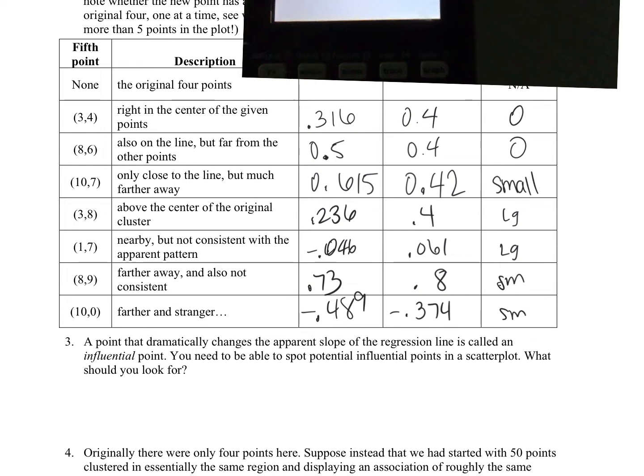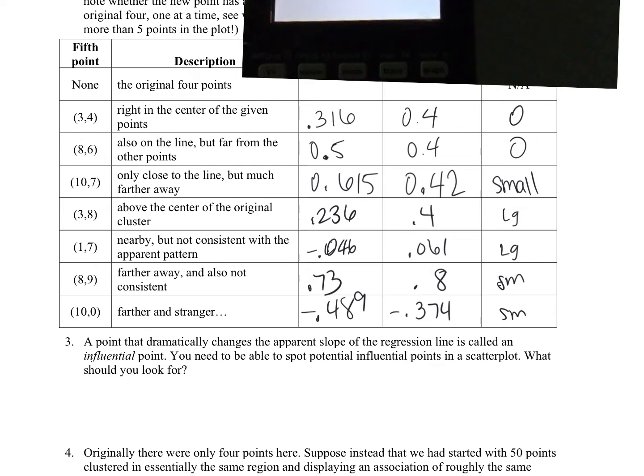Where was the point that was farther away and not consistent? The negative one. 10, 0. Once I made a new line with that point in it, it pulled the line negative, right? The original line was positive. It made the line negative. It made the correlation negative, but then it still had a really small residual. So the point is influential points don't always have large residuals.